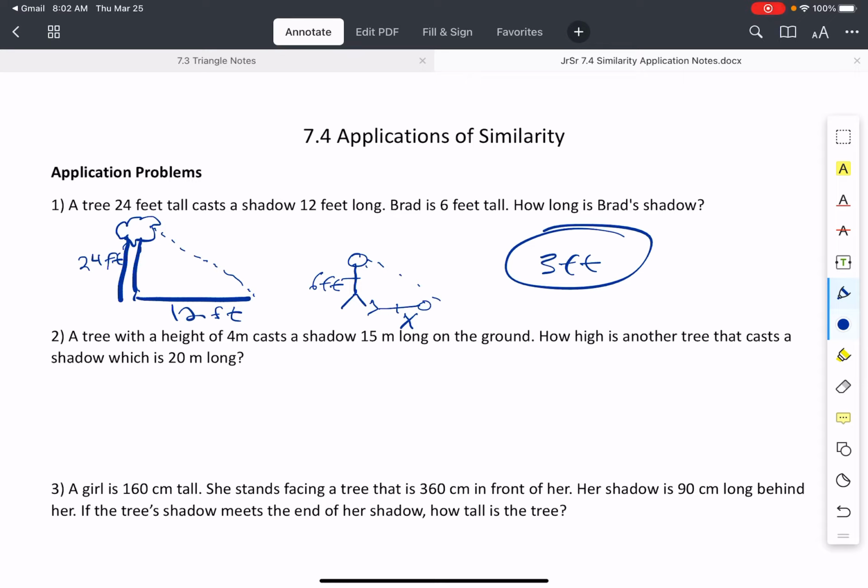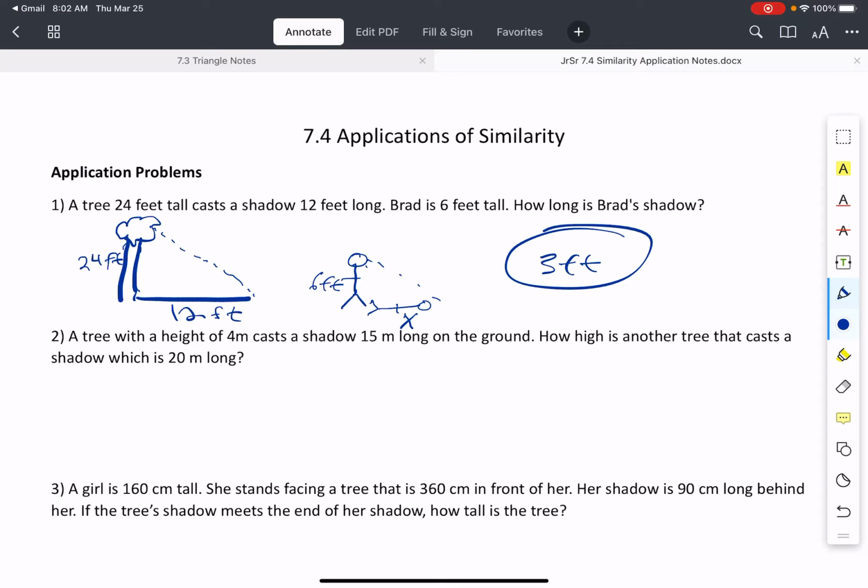All right, a tree with a height of 4 meters. Sorry. Okay, so a tree with a height of 4.